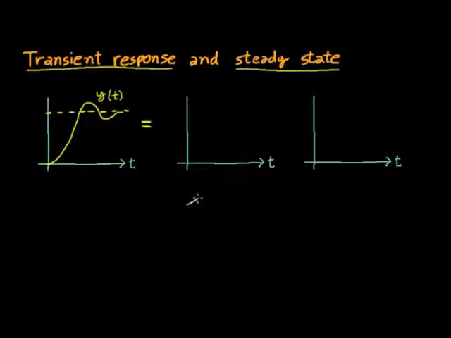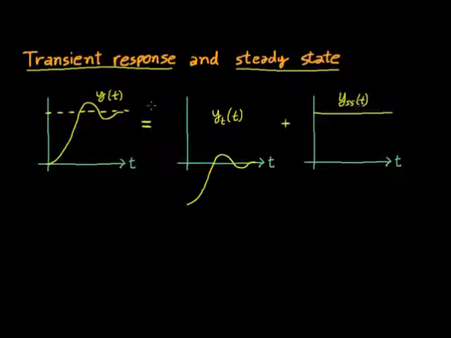One is like this, and this is y_t of t, plus another signal, which in this case is constant, and this is y_ss of t. So y of t is equal to y_t of t plus y_ss of t. y_t of t is the transient response, and y_ss of t is the steady state.